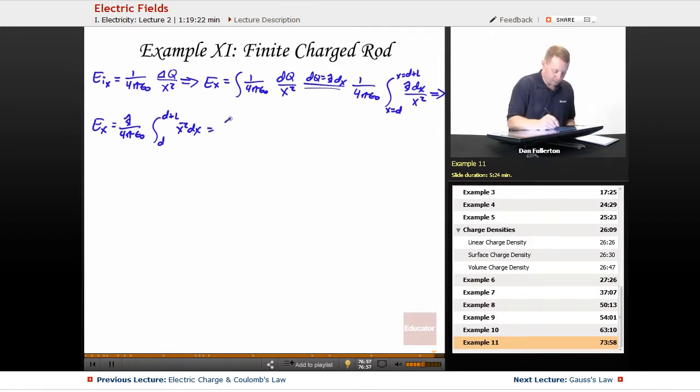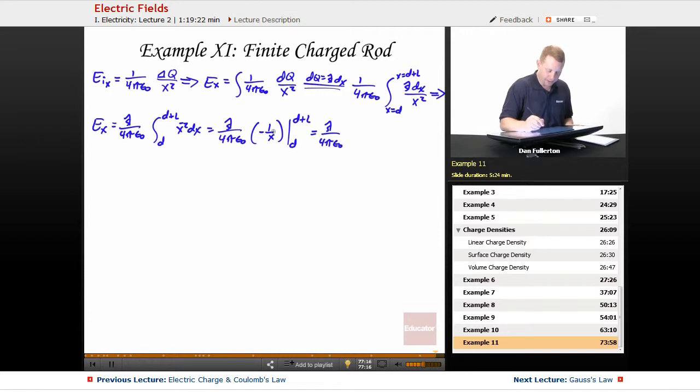which is lambda over 4 pi epsilon naught times negative 1 over x from d to d plus L, which is lambda over 4 pi epsilon naught.